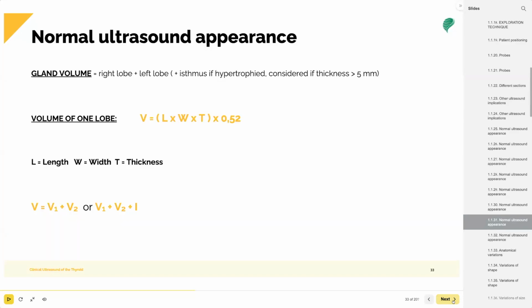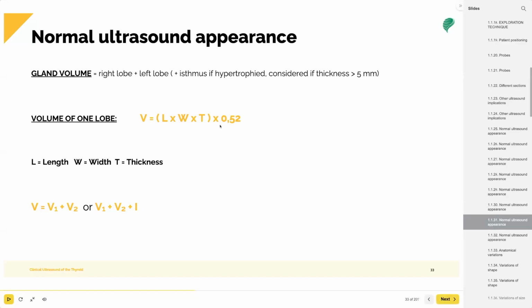In terms of calculating the volume, we would multiply length times width times height times 0.523 for the cubic centimeters. This varies, I must say, from office to office and also from country to country. I've seen different calculations.